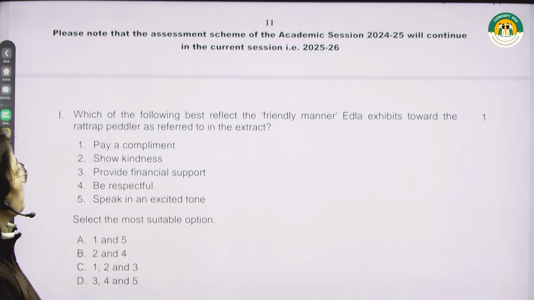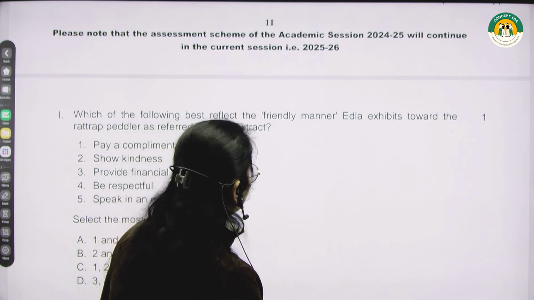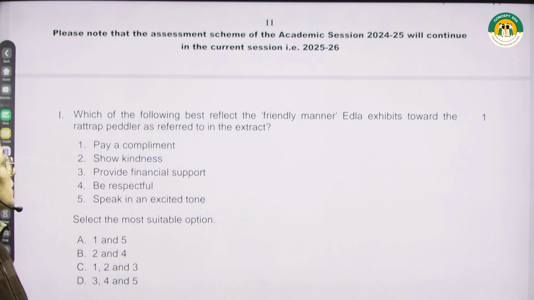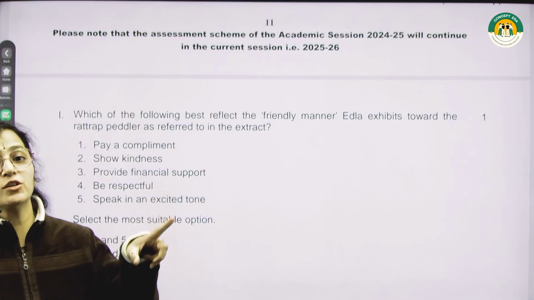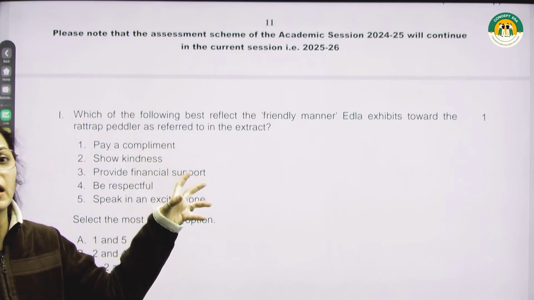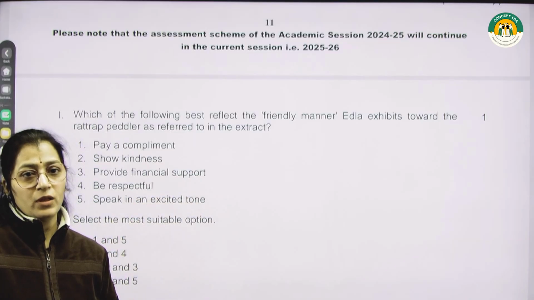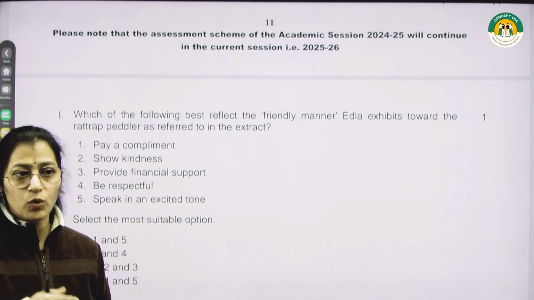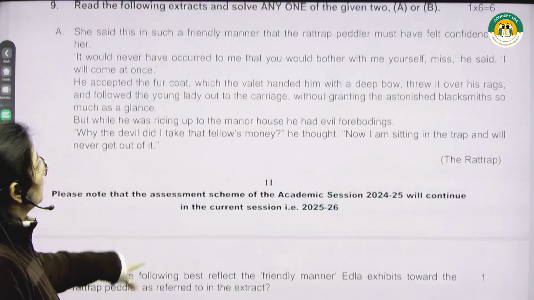Which of the following best reflects the terrifying manner Edla exhibits towards the rat trap peddler as referred to in the extract? So what expression do you find when Edla was thinking in a friendly manner? What kind of friendly manner did she show when she came to invite that peddler, and when he came to the family?